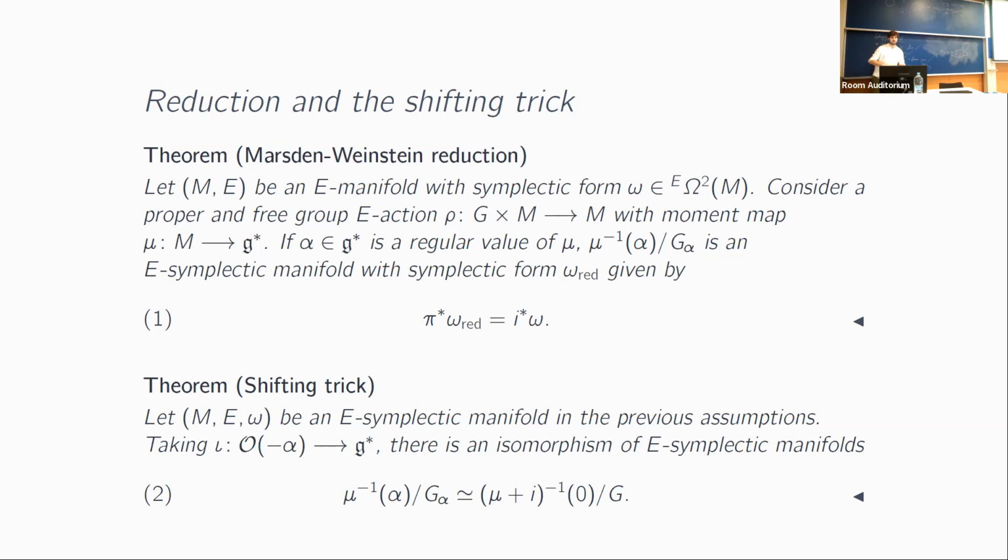And one thing we checked as well is that there exists a version of the shifting trick for E-manifolds, which basically takes the standard proof, and as the manifolds are diffeomorphic, all you have to do is check that the E-structures are mapped one onto another.